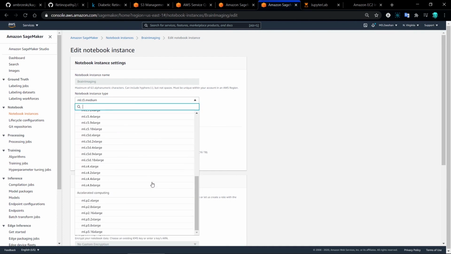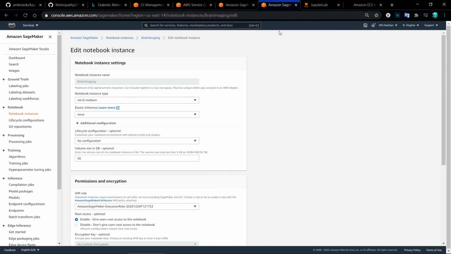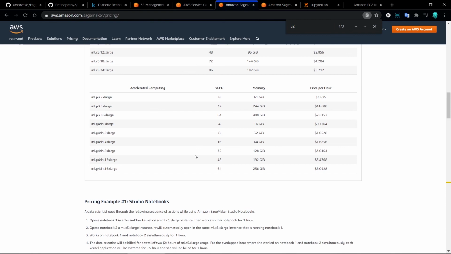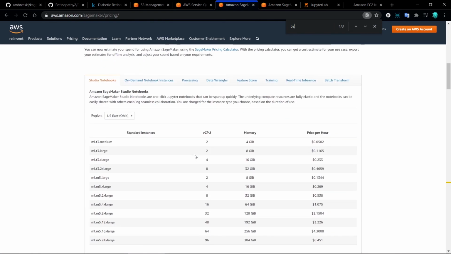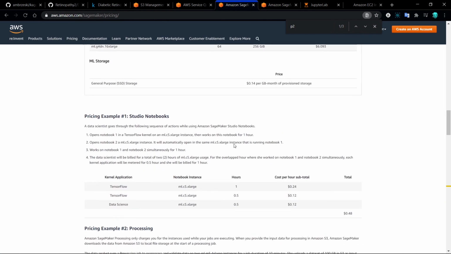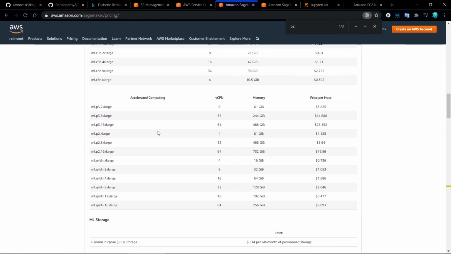So here we have P3.2xlarge, P2.xlarge, and P2.16xlarge is available, but they are not giving the pricing for the P2.16xlarge. We have to select something on demand for training.